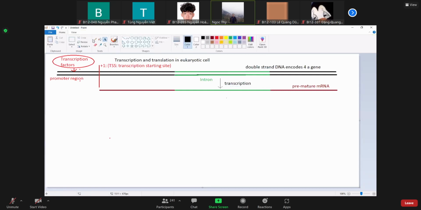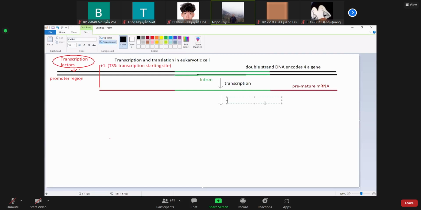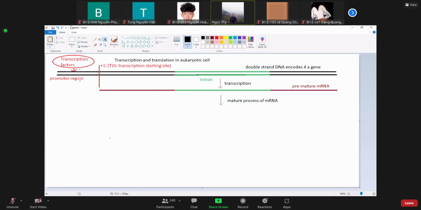And the premature mRNA will go through a process to become mature mRNA, with the intron removed, or spliced, and the 5' cap put here.